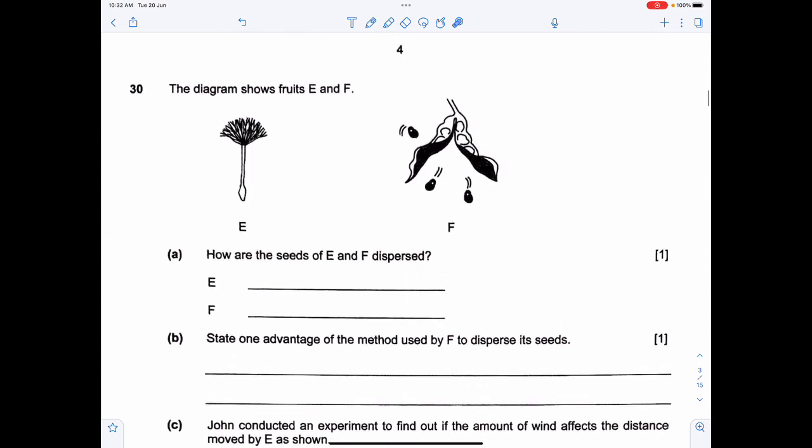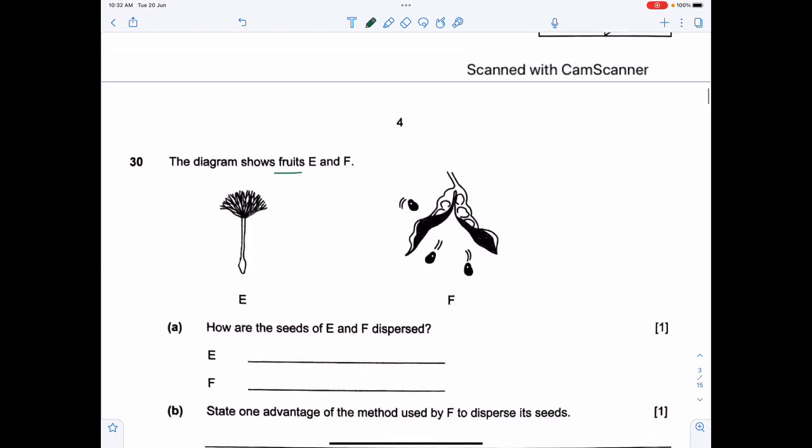Next, the diagram below shows fruit E and fruit F. Whenever you're dealing with fruits, more often than not, especially when they show you a dispersal method, it has to do with the reproduction of plants. That will give you some idea of what this topic could be.